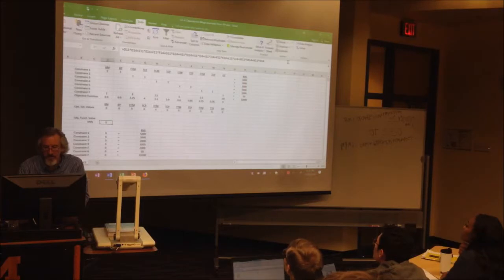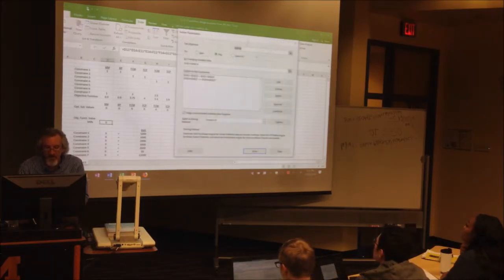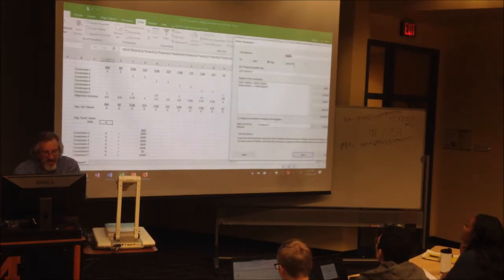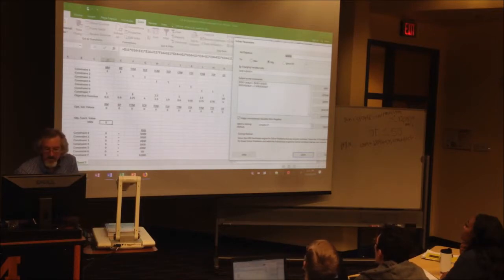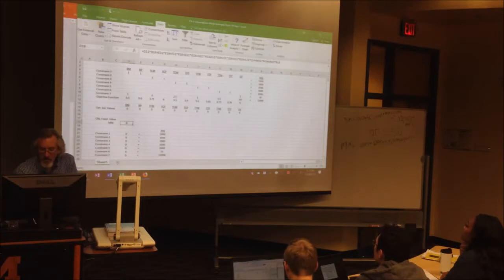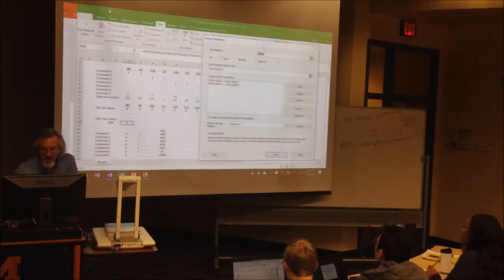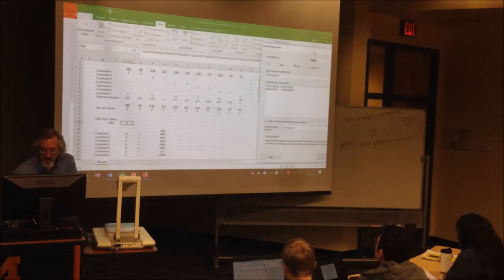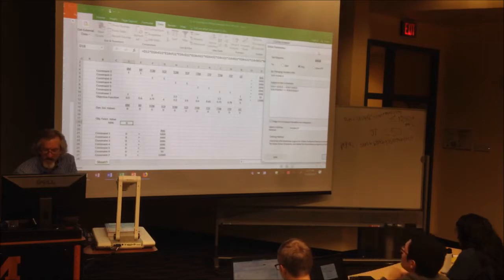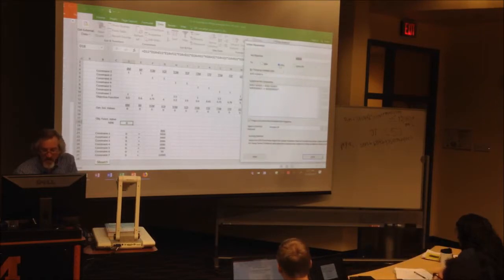Ready? Data, Solver. You can't see the numbers. I want you to see the numbers. Hang on. There we go. Now, Solver. D18 is where the optimal solution, or the objective function value, is. It's a minimization on all those costs.